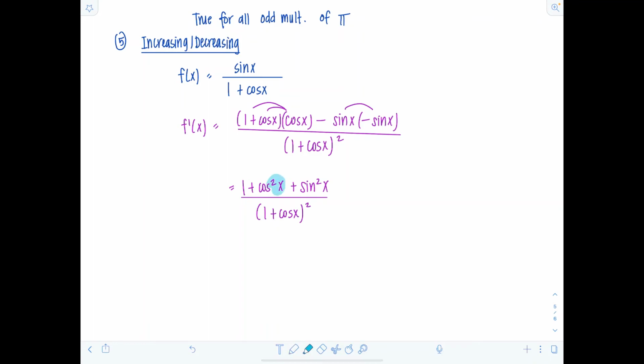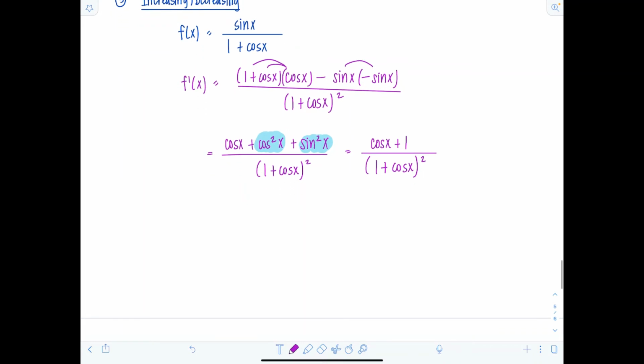This should just be screaming at you. Cosine squared plus sine squared is 1. Very good. Oh, you know what? I distributed wrong, didn't I? Heavens to Betsy. That's cosine x. Okay, I got too excited. So we've got cosine x plus 1 over 1 plus cosine of x squared.